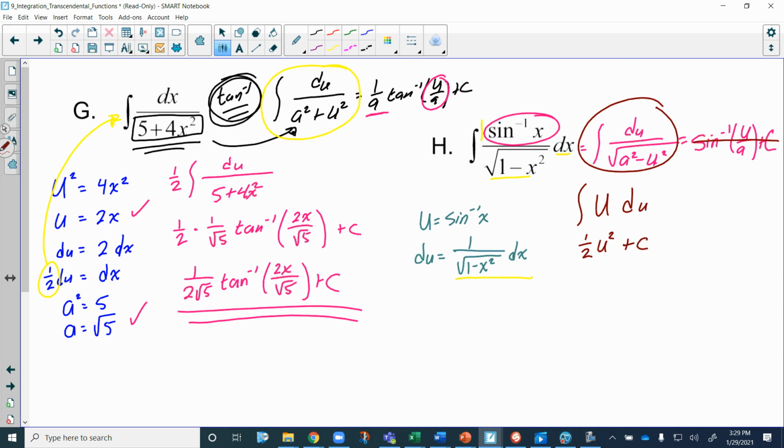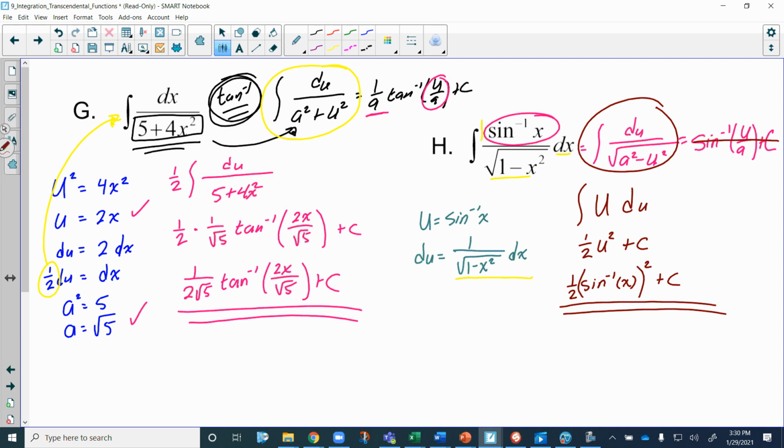So in this case, 1/2 u squared is going to be 1/2 times sine inverse of x, squared, plus c. So there we go on that one.